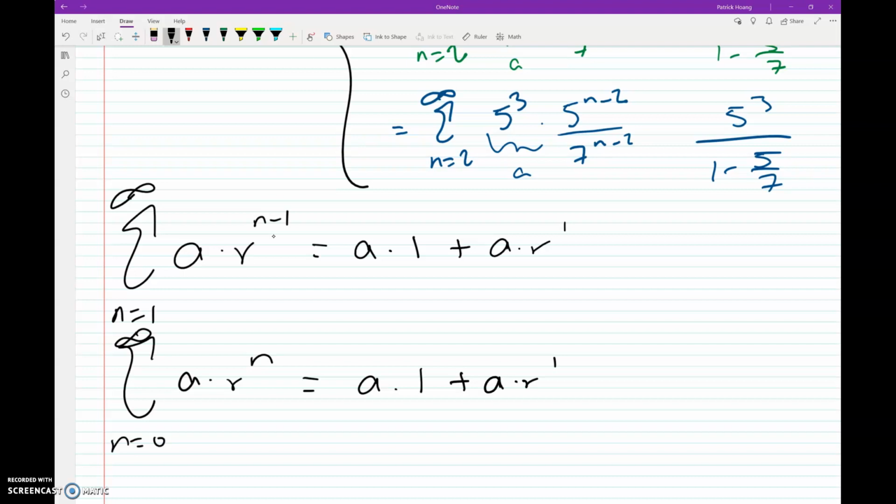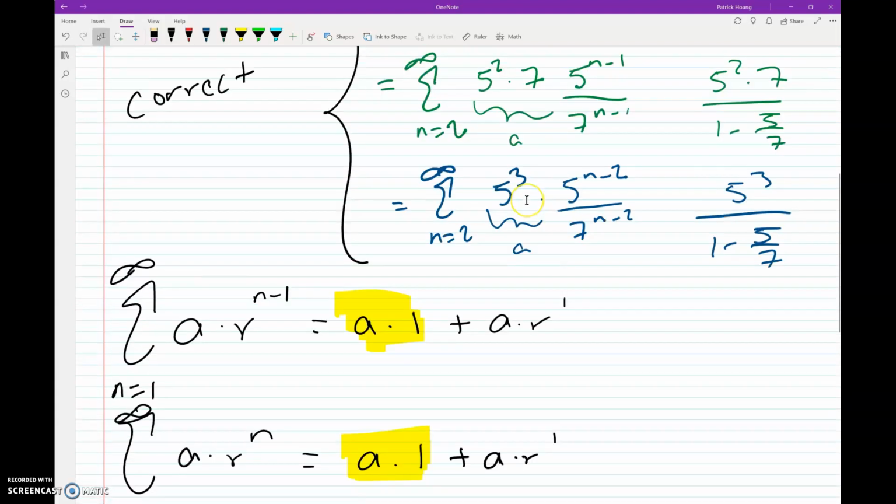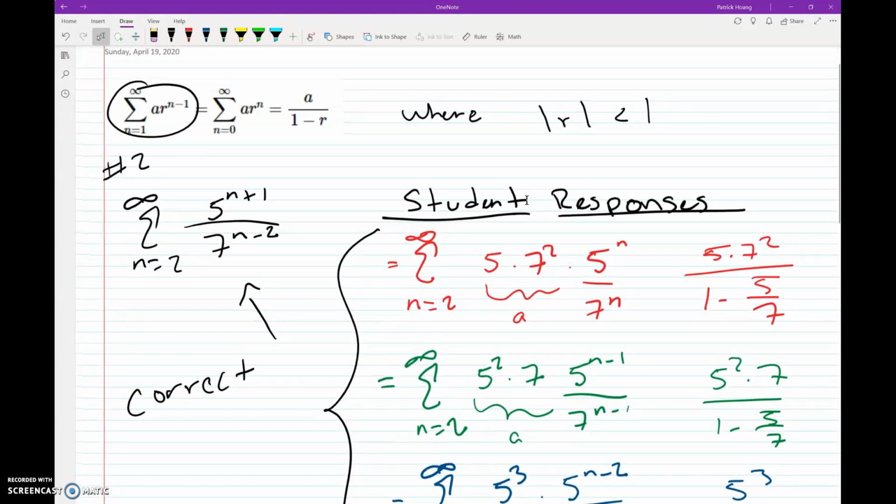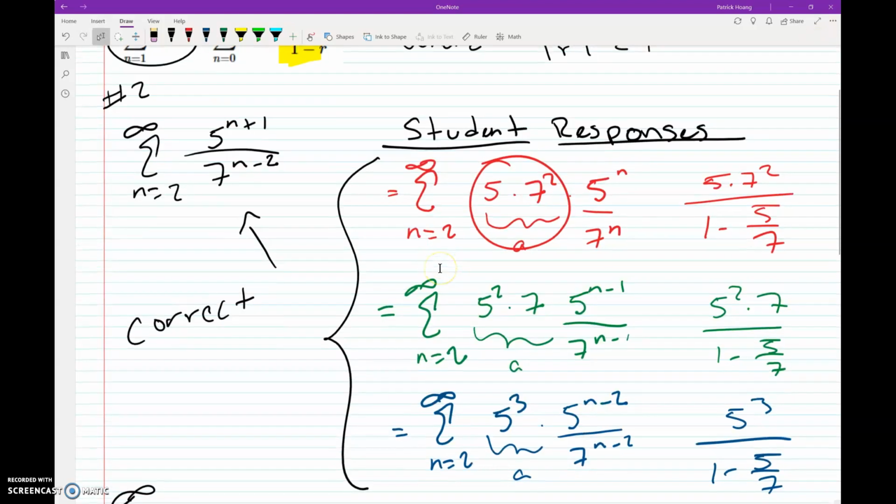The thing that we have to keep in mind is that the a value is the first term in the geometric series. So when we are substituting these values into this equation over here, we can't just say, oh, this is a, this is a, and this is a, right? It can't just be the number that's next to our geometric series. Our a value is the first term in the geometric series.